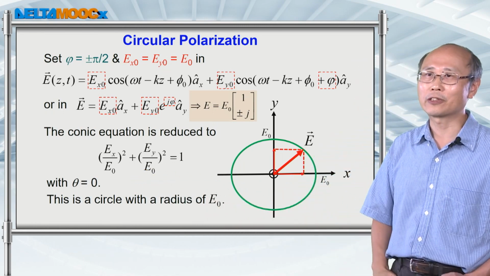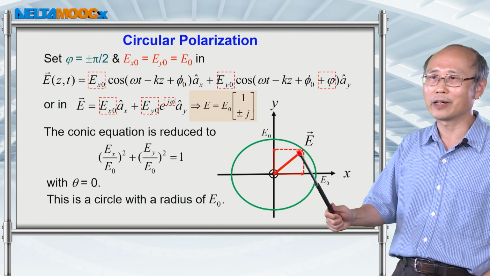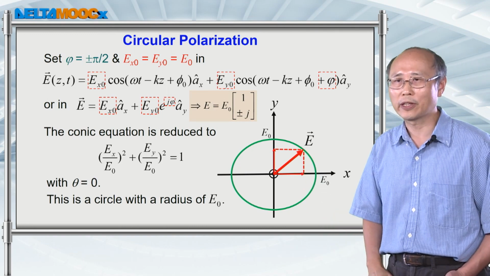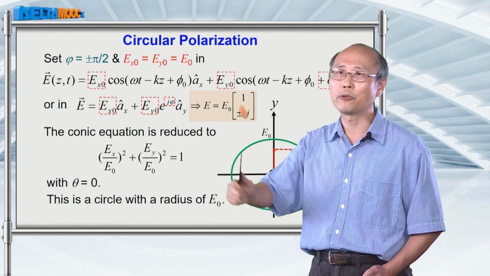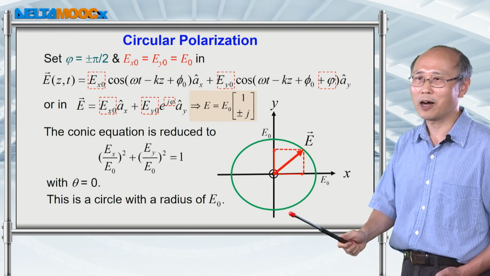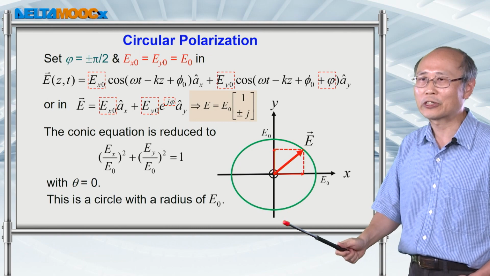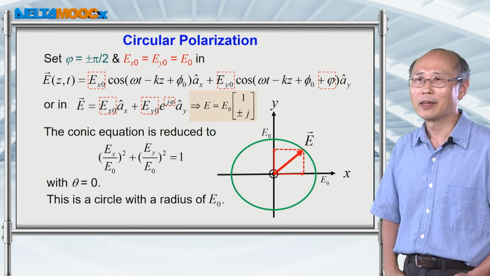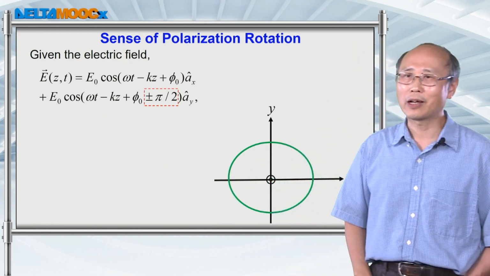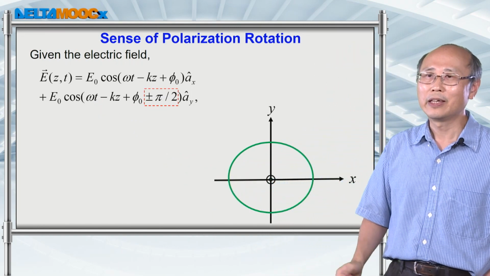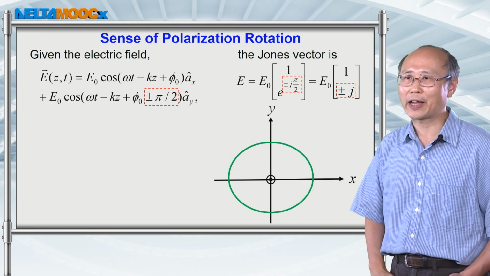So we call this the circular polarization state because the amplitude of the electric field is always the same, because we set Ex0 to be equal to Ey0. And now the tip of the electric field will trace out a circle on the xy plane. And again, this real expression can be simplified if we just describe it by using the Jones vector.